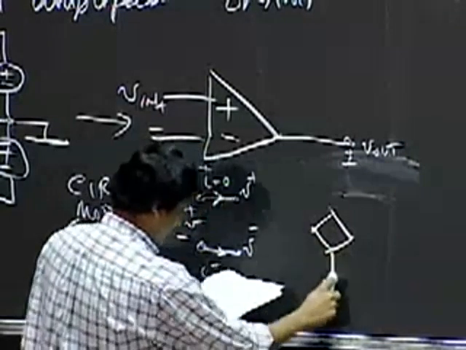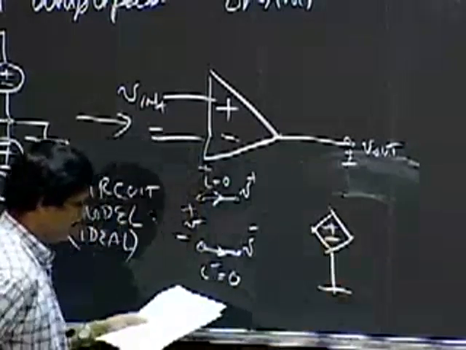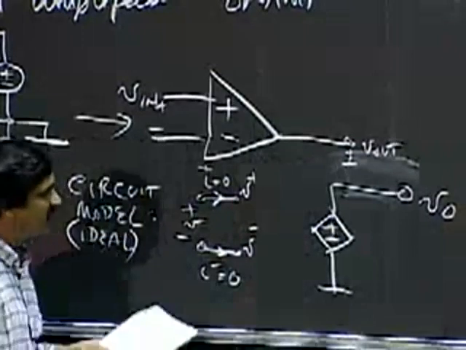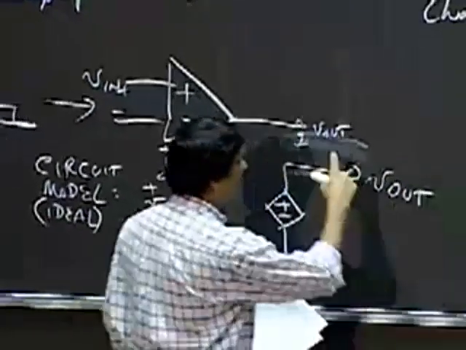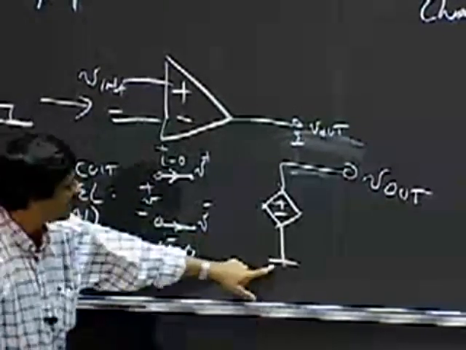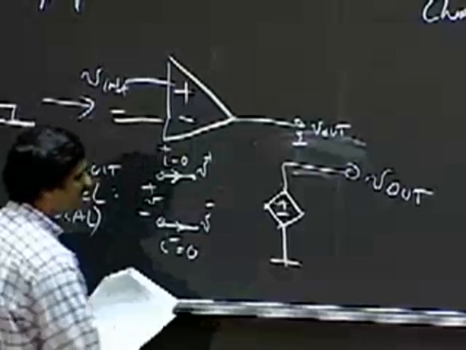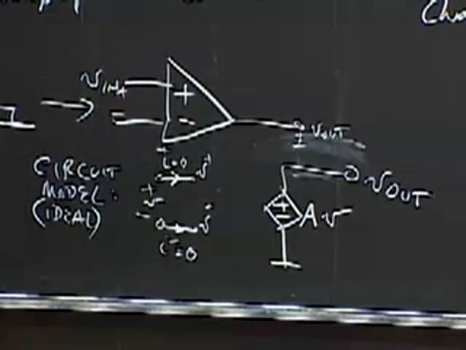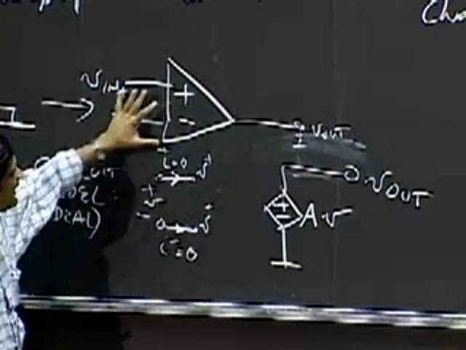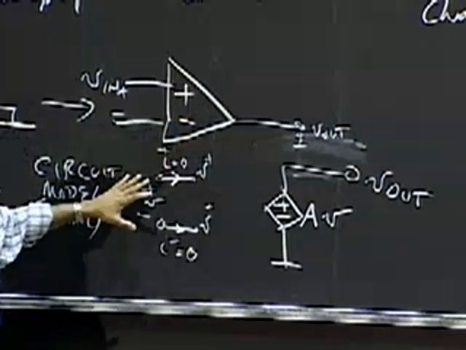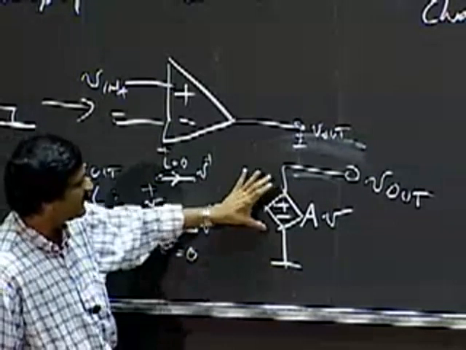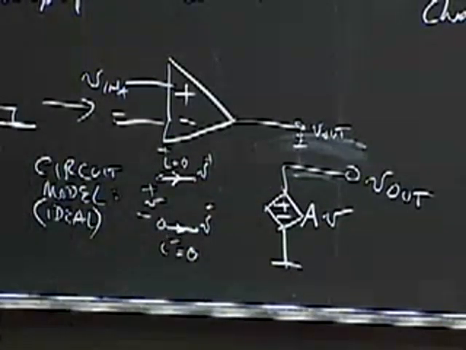The output is going to look like this. The output is some, let me just call it V out to be consistent with this here, and taken with ground as my reference, and the output is simply AV. So in other words, what I'm doing is I'm going to model this as a device that has a dependent source at its output.